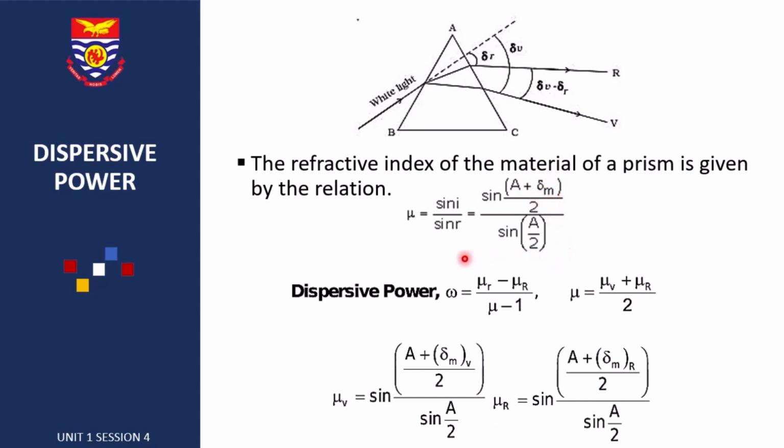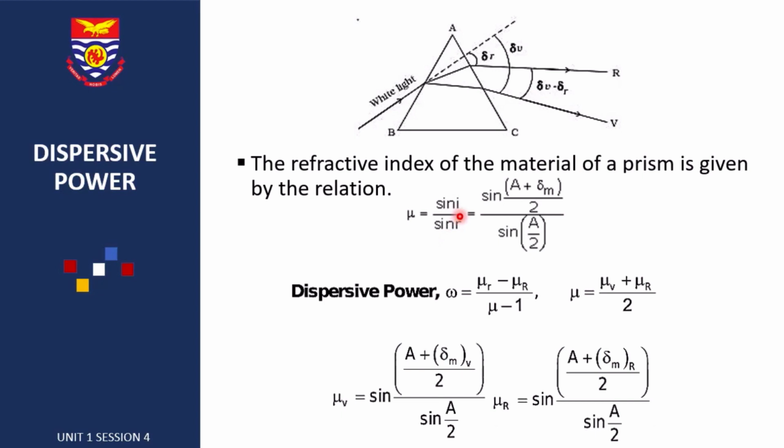And in case we want to calculate the refractive index of the material of a prism, it is given by this particular relation. There's a proof for this, but I think we don't have to stress ourselves on it. So the refractive index, as you already know, is sine i over sine r.